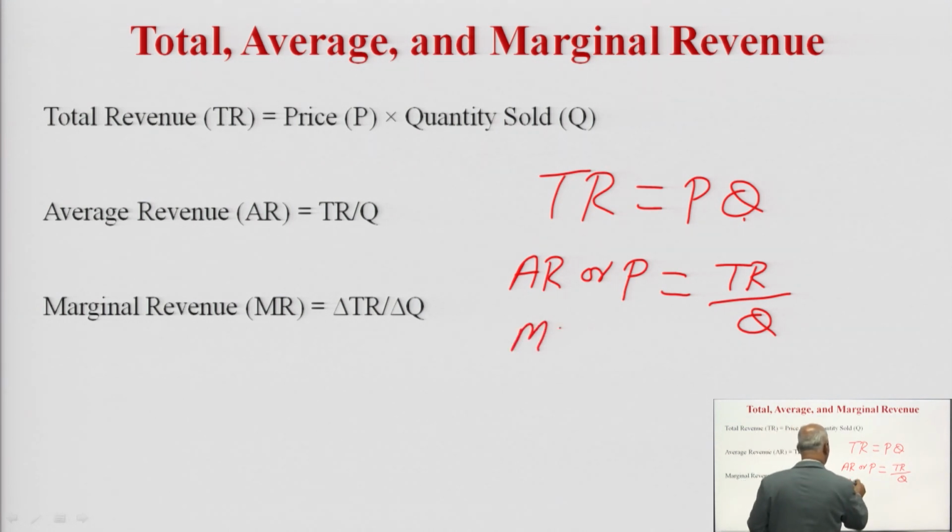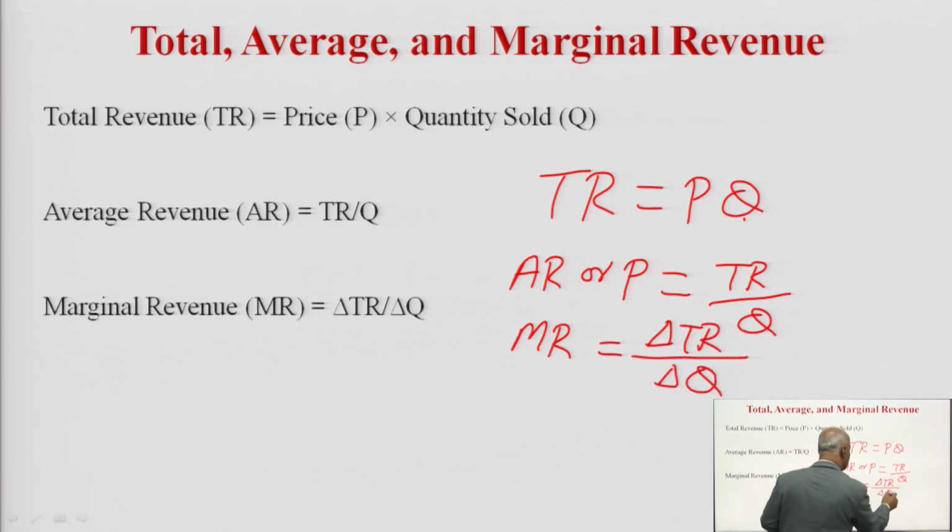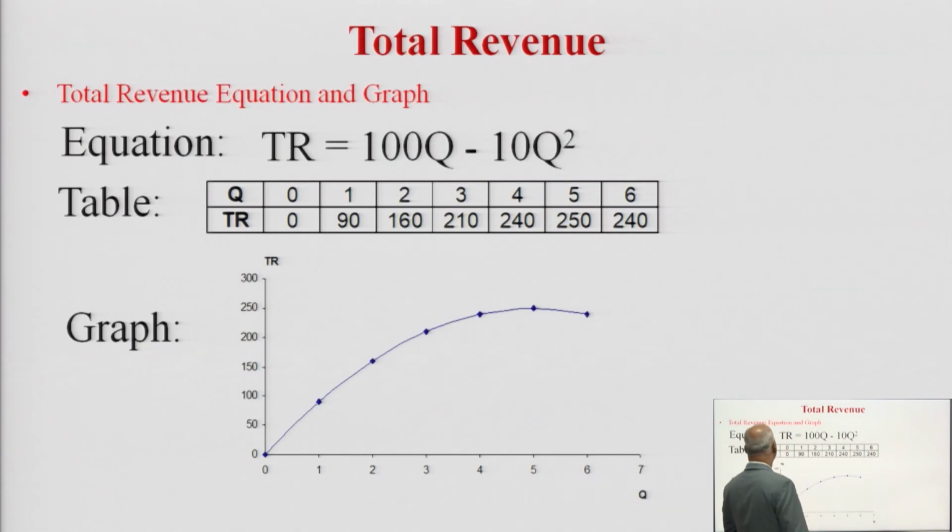Similarly, the marginal revenue you will get from the total revenue, that means the change in total revenue with respect to the change in output sold in the market. That is the definition of each, as already mentioned.